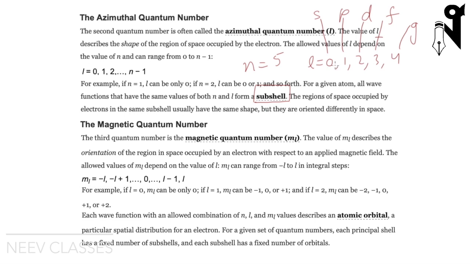An s subshell is just having one orbital, which is the s orbital, and it is not having any other orientations. But a p or a d or an f, these subshells have orbitals which can be oriented differently in space, and that orientation is given by the magnetic quantum number. So I hope you understand that if you change the magnetic quantum number, it is not going to change the energy at all.